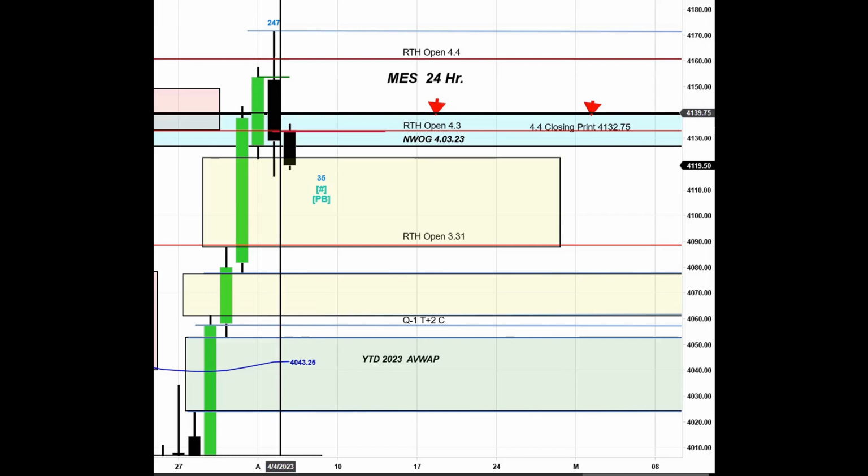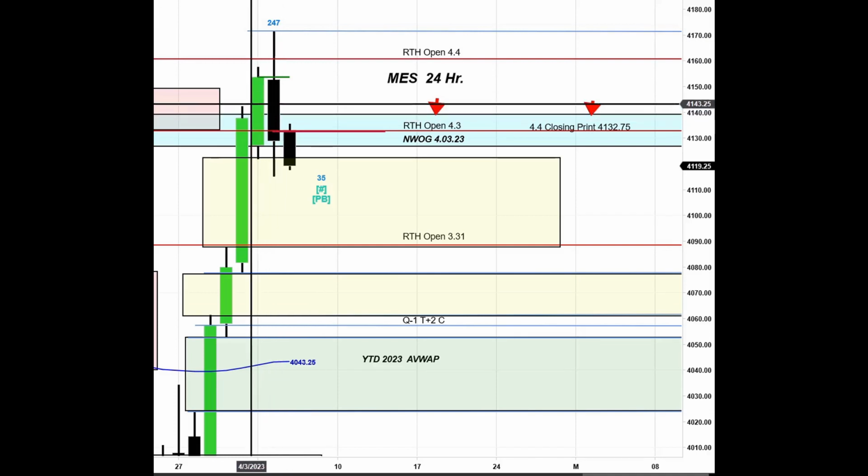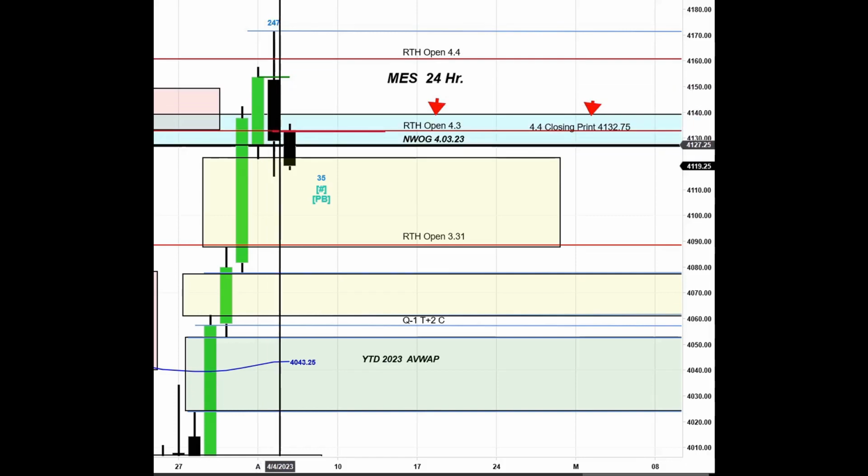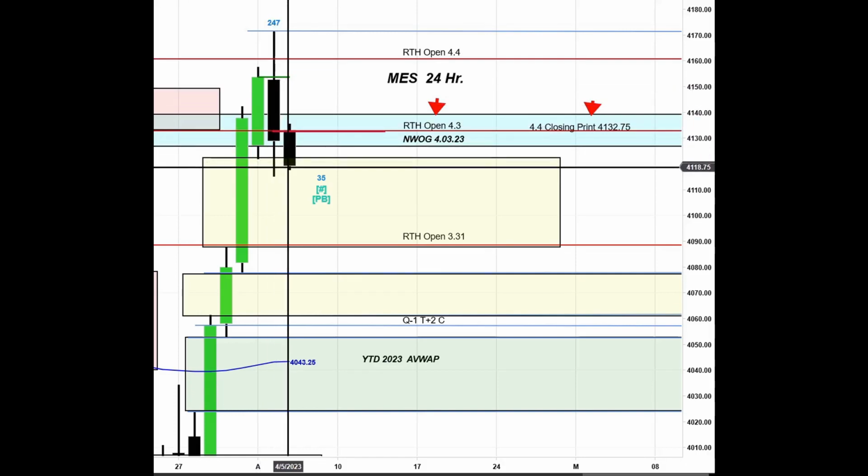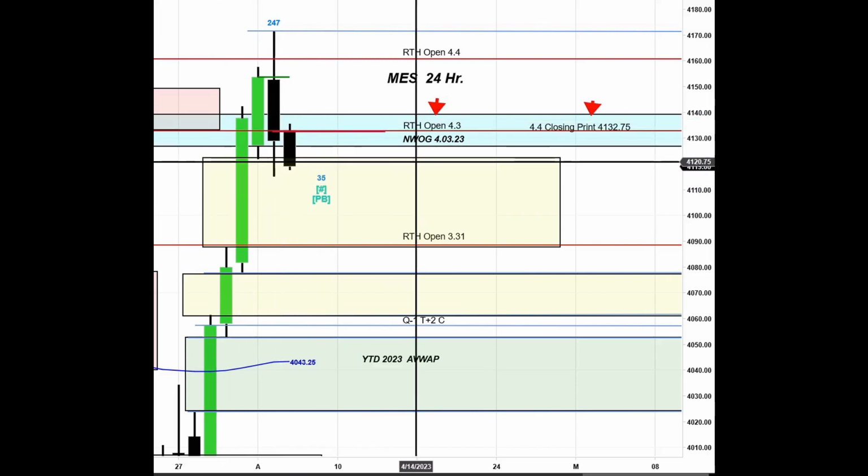And then Tuesday, we're done with the markup of the quarter. We're done with the first of the month. We come back down to the new week open gap, and here it brings us to Wednesday. So non-farm payroll, vacation week with the holidays, and we're dipping into this fair value gap.